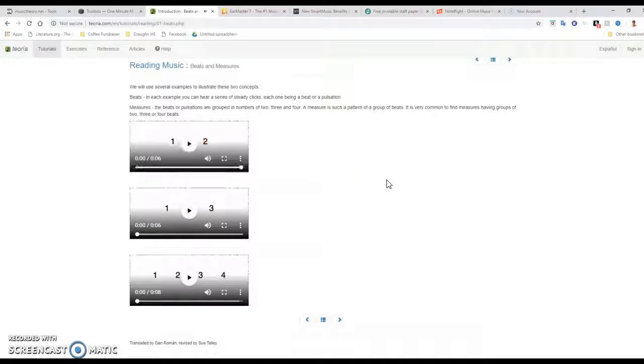Sample of the beats or pulses in a measure. Here is if you had 3 beats in a measure, 4 beats in a measure. And of course you could use this in class to demonstrate for the students.